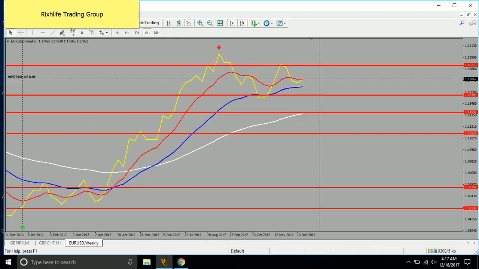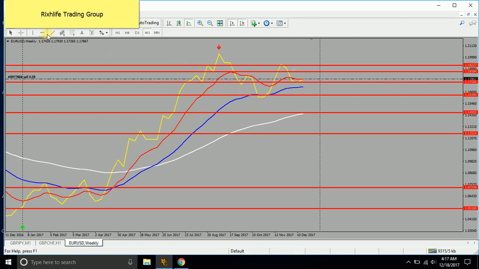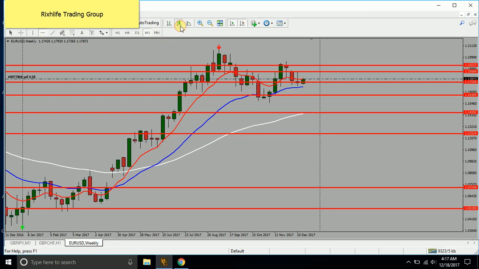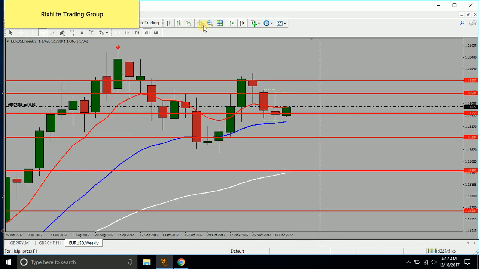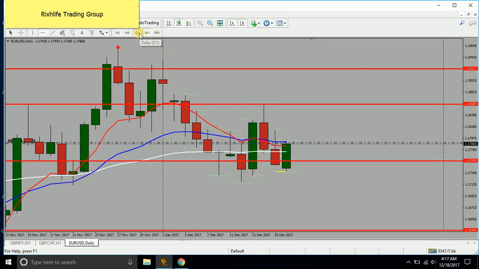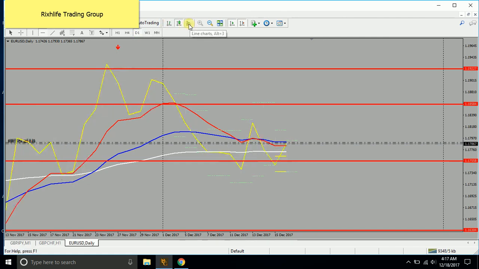Now we'll go to the weekly. Same thing. Candles. Now we see we're right in here on the weekly. Now, if we really want to try to lock in, what we can do is hit this daily and hit the line chart, zoom out a little bit.